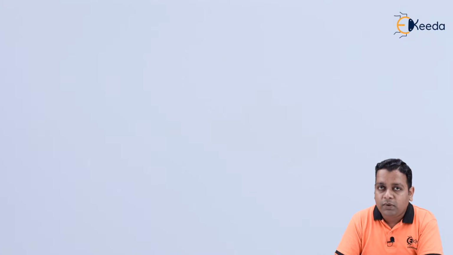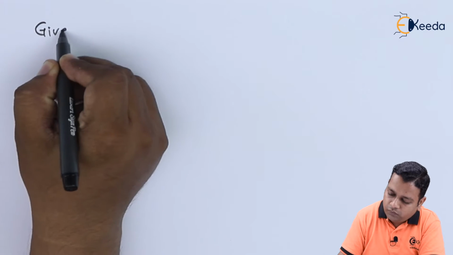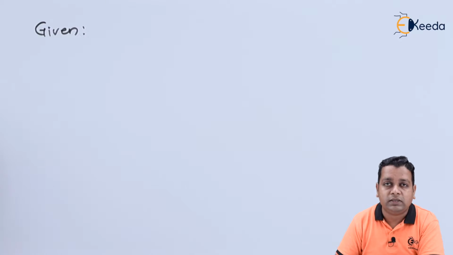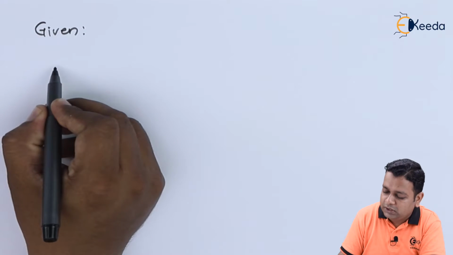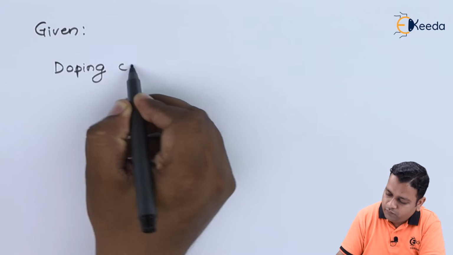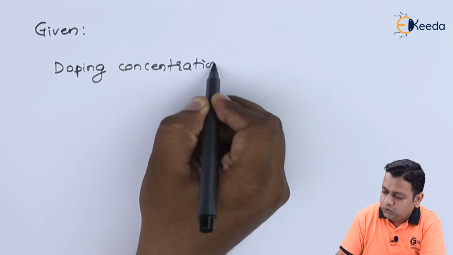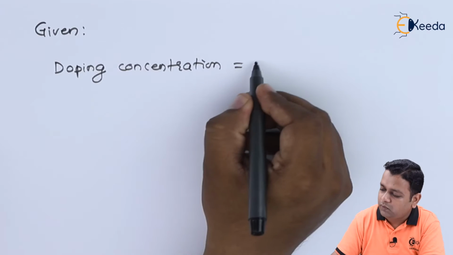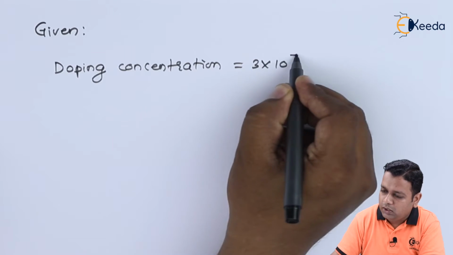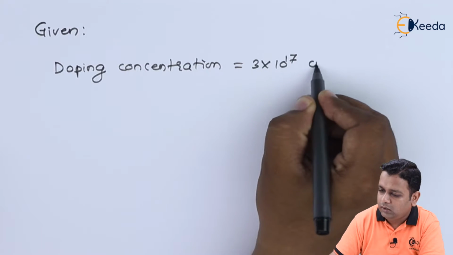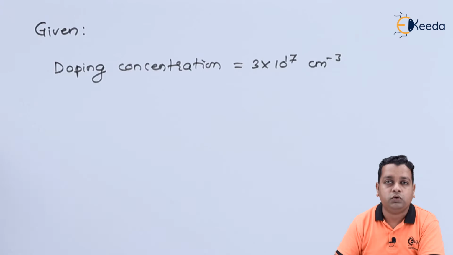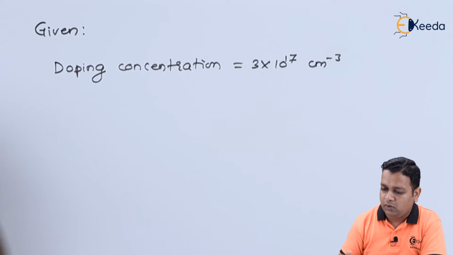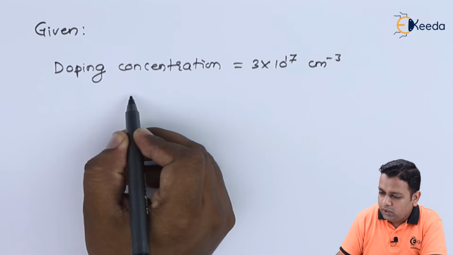So in the problem statement, we are first of all provided with a value that is a kind of concentration. So the given detail is nothing but the doping concentration. So doping concentration is having the value 3 into 10 raised to the power 17 per centimeter cube here. The next value is of the dielectric constant, that is of relative type.